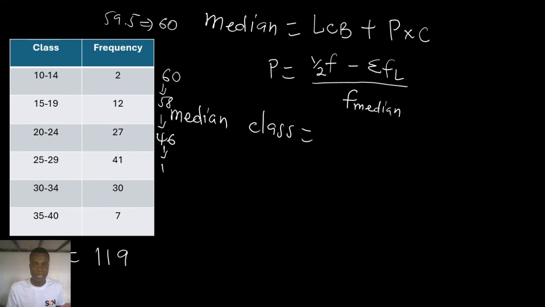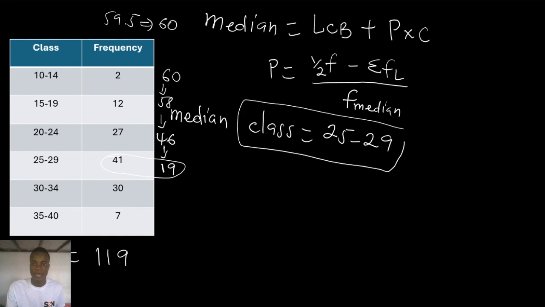So we are coming to the next class with 19. But when we are here, 19 is lower than 41, so definitely we need to stop here. 46 is greater than 27, so we subtract the 27 from 46 to get 19. But in this class, we see that 19 is lower than what we wanted to subtract from it. So we stop here, right? So our median class will be 25 to 29. This is our median class.